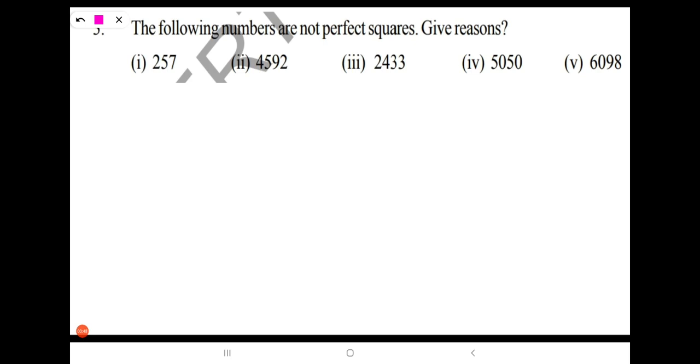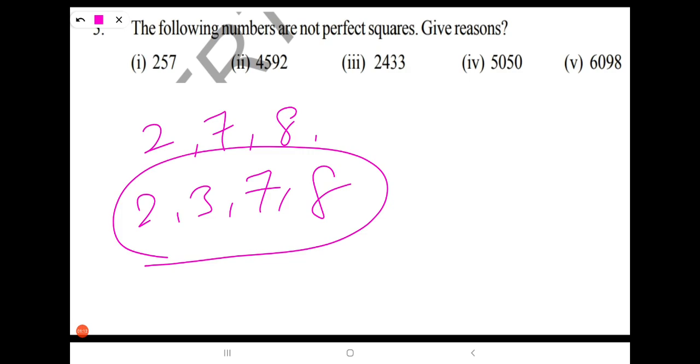What is that? The numbers which are having 2, 3, 7, 8 in their units place are not perfect squares.